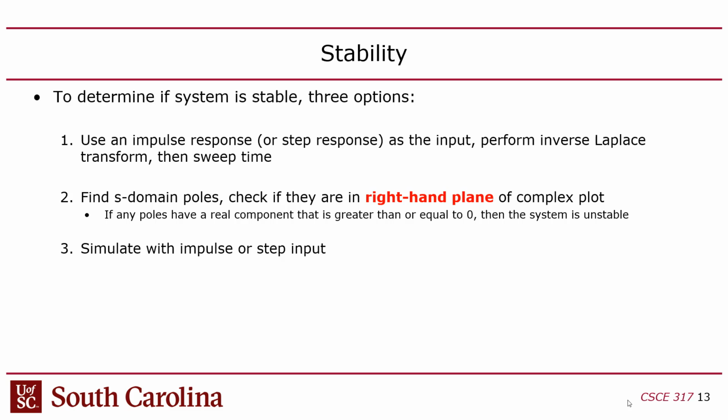Because you don't know, some input frequencies may make it unstable. So a better way to do it is to give it an impulse or a step function, which is where you go from 0 to 1 instantaneously. Because those functions contain an infinite set of frequencies in them, right?